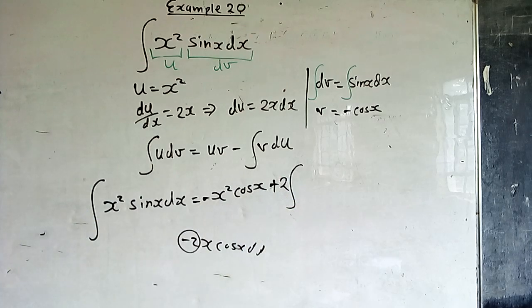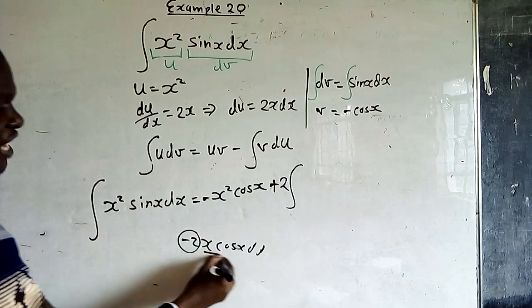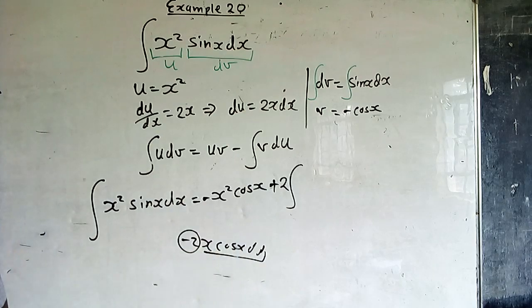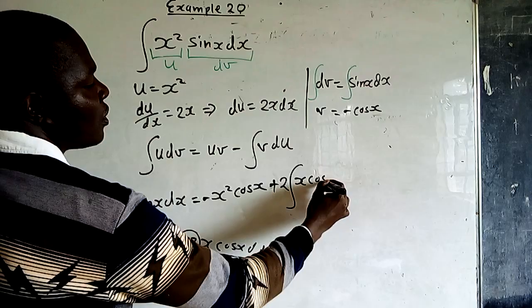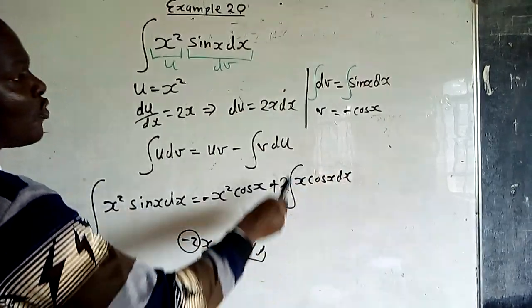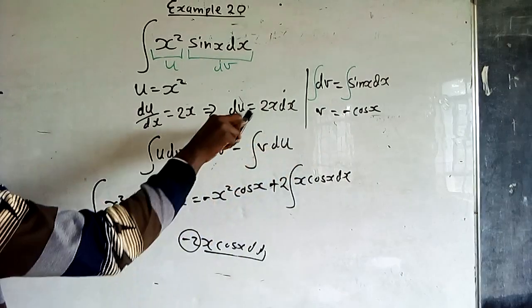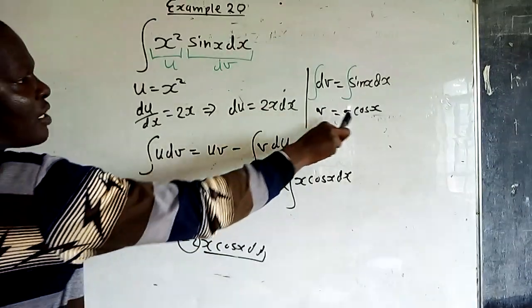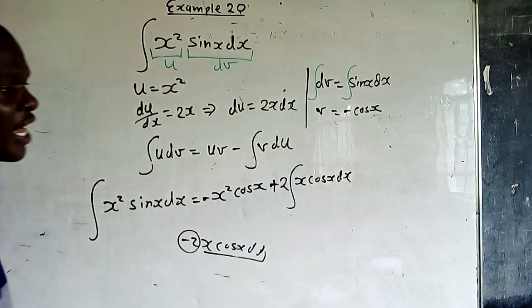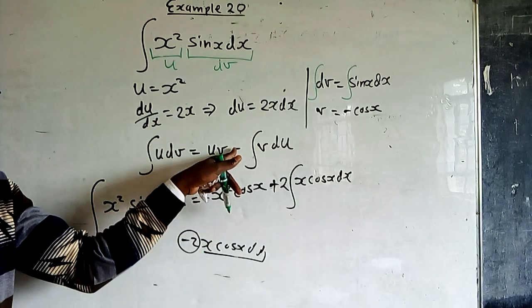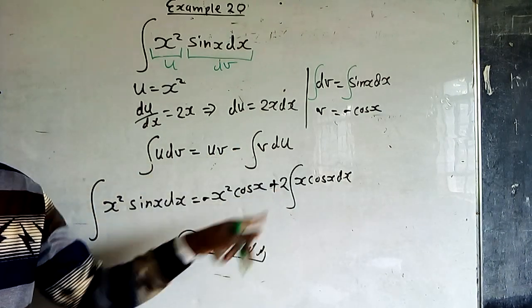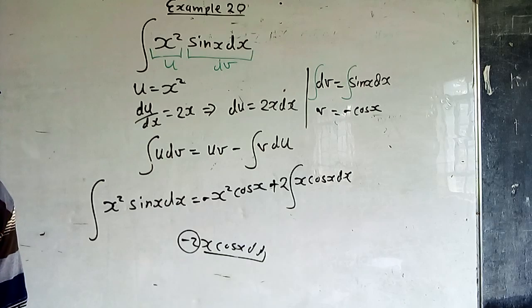Then inside you take x cos x dx. V is negative cos x, du is 2x dx, so it is negative 2x cos x dx. Are we together there? Yes.